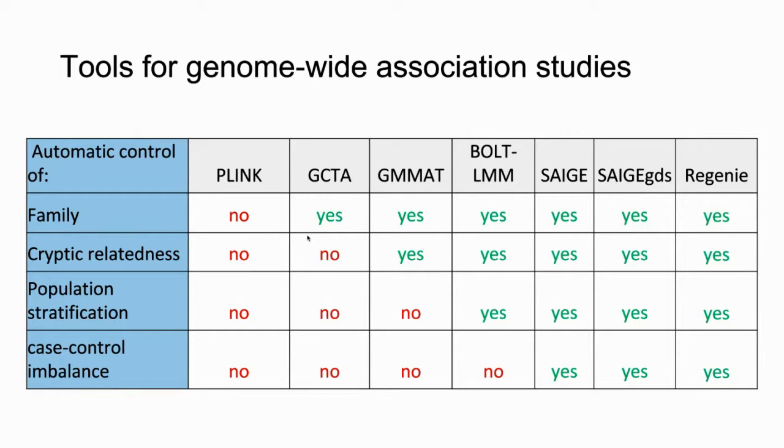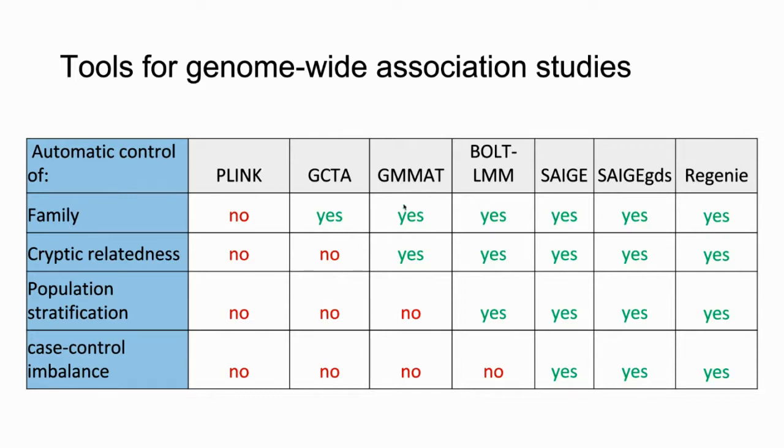GCTA has a very good distinction for family and maybe for cryptic relatedness too, but it still removes and calculates apart the relatives. It's very good to calculate heritability, but you do need to feed the familial information. EMMA and GEMMA is the first one to include the linear mixed models.